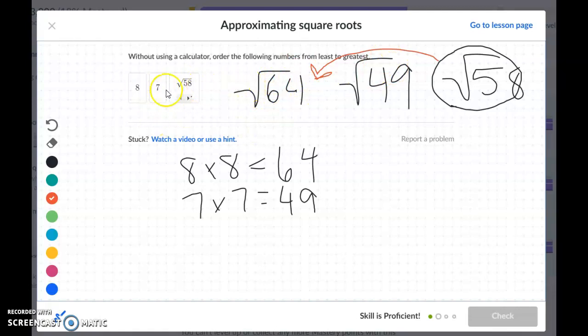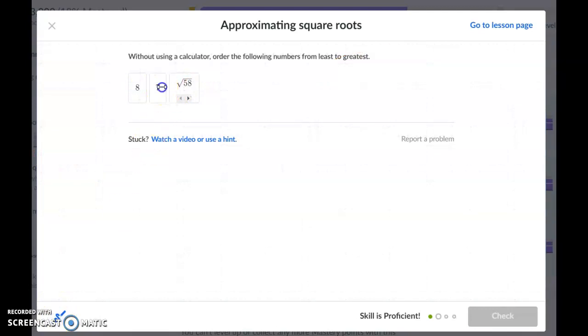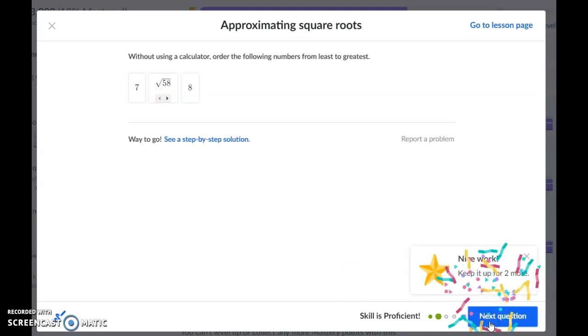So for the correct answer, I'm just going to do the opposite. I'm going to do 7, then the square root of 58, and then 8. So 7, the square root of 58, and then 8, and I will check this.